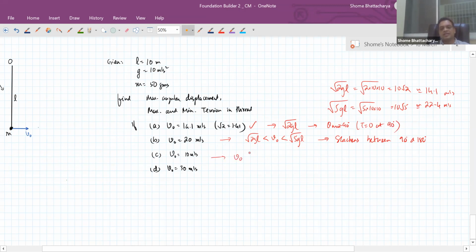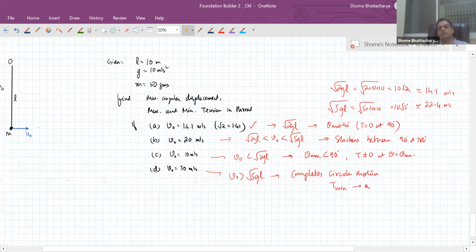This is where v naught is less than root 2gL, so theta max will be less than 90 degrees and tension will be non-zero at theta equal to theta max. And this one you can see is greater than root 5gL, so it completes circular motion all the way. Minimum tension will be at the highest point, but that minimum tension will be greater than 0.